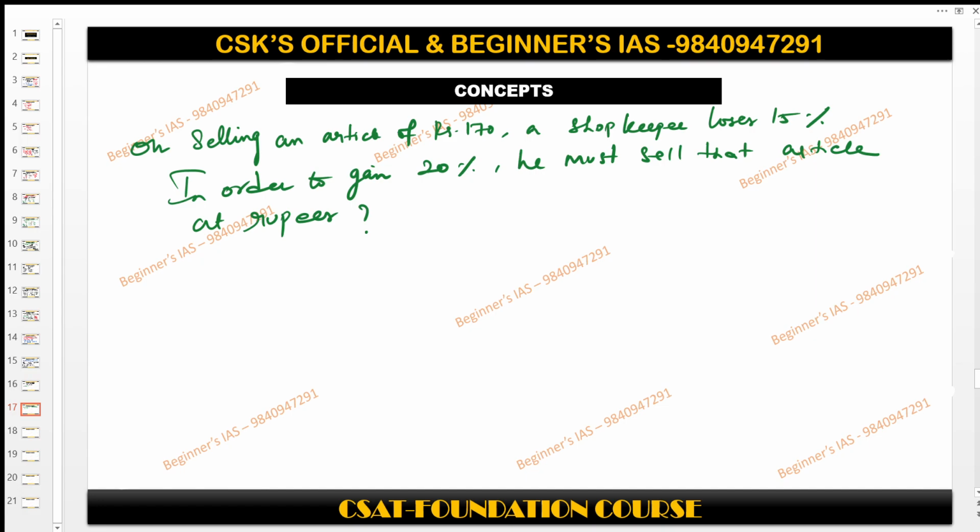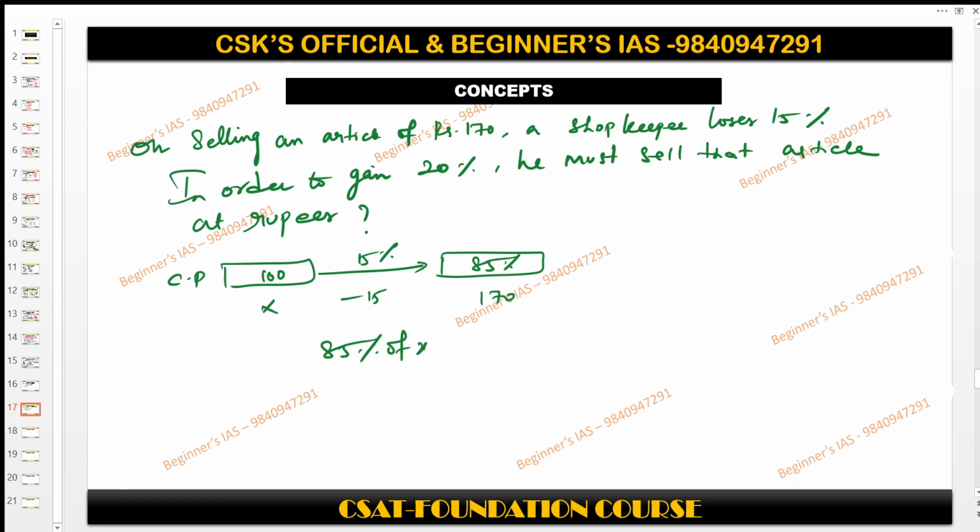First of all, find out the cost price. I don't know the cost price, so let us take it as x, that is 100. Loses 15%, so subtract 15. Therefore 85% of x is nothing but rupees 170. 85 by 100 into x is equal to 170. Cancel this as a 2, so x is equal to 200. You have found the cost price is 200.